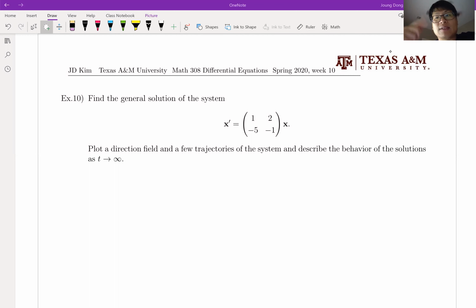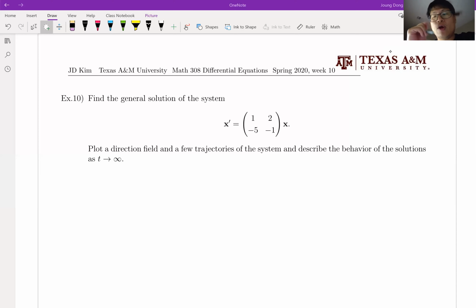You don't have to find both, because the other one is always the complex conjugate form. Then with that, we plug them back into u1 and u2, which I showed you in the previous slide. Then we can find the fundamental set of solutions, and a linear combination of those is your general solution.